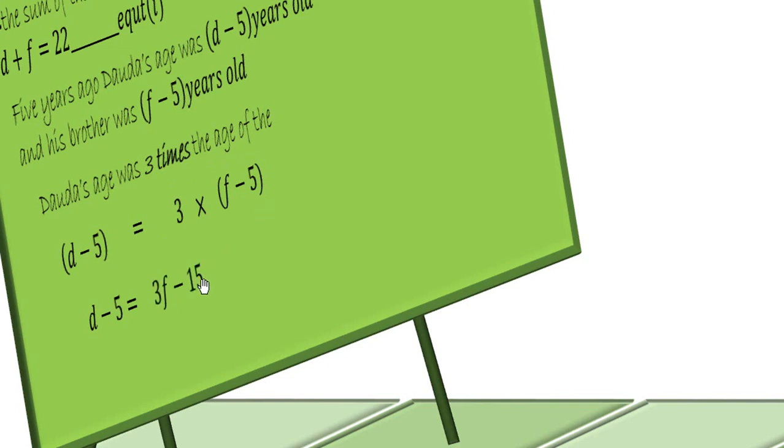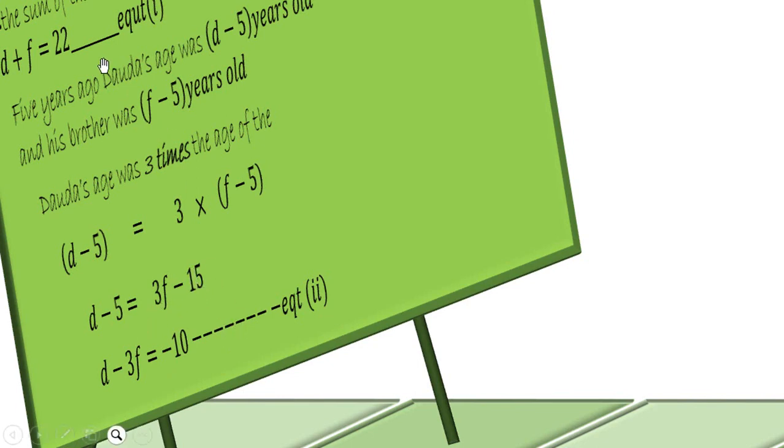Now you can say your D, bringing 3F to this side, will be minus 3F, then bringing minus 5 to the other side, it's going to be plus 5. So you'll have minus 15 plus 5, then you have minus 10.